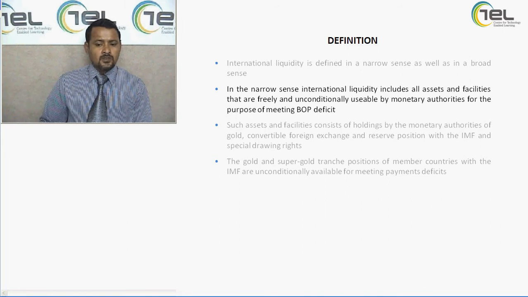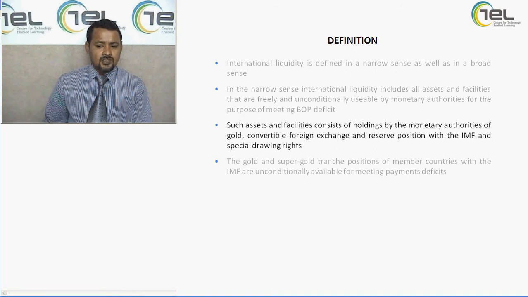Such assets consist of holdings by the monetary authorities of gold, convertible foreign exchange, reserve position with the IMF and special drawing rights, which have been allotted to the country by the International Monetary Fund under the quota system.